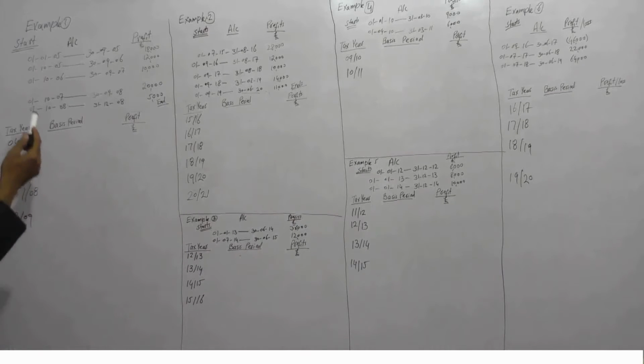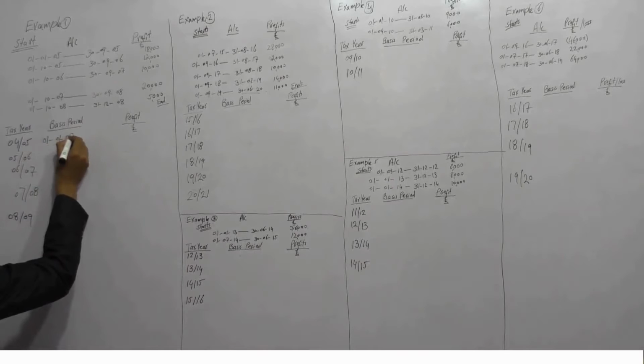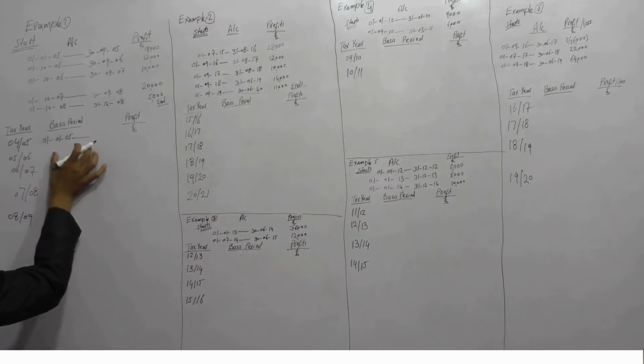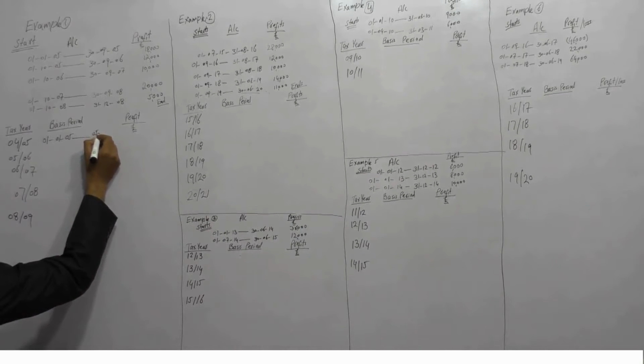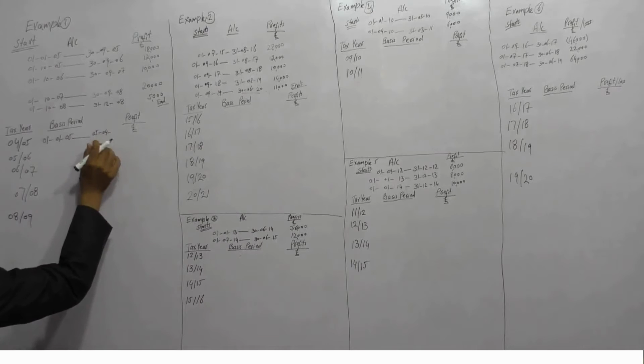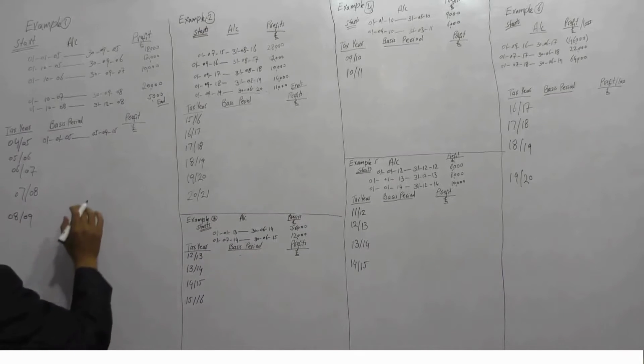If you look at example number 1, it started its operations on 1st of January 2005. So our first basis period will be from 1st of January 2005 up to the next 5th of April, which is 5th of April 2005.